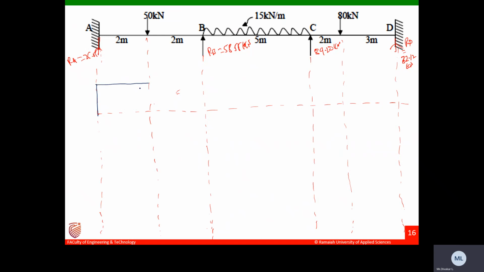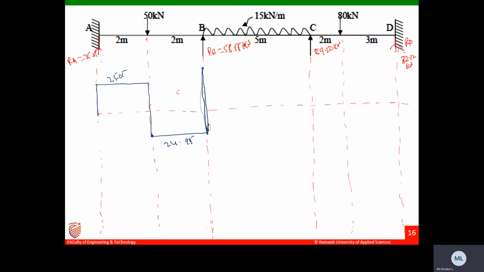Then 25.05 minus 50, you will get minus 24.95. Here to here there is no load. Minus 24.95 plus 58.55, 33.6 you will get. Let us say this will come somewhere here. This is 33.6.